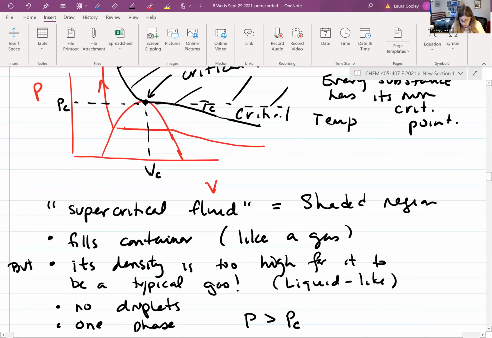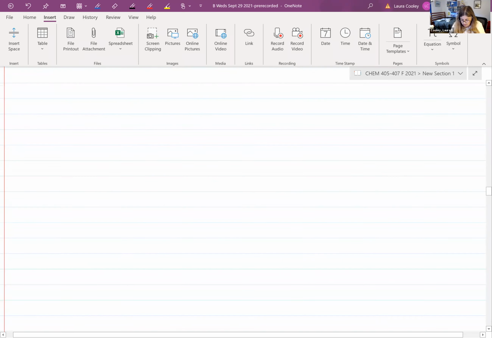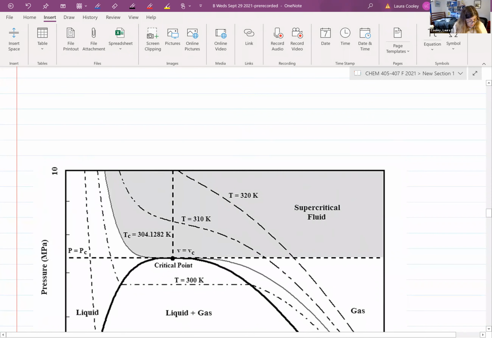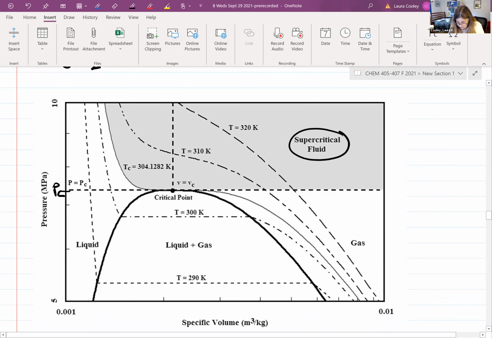So I'm going to do a close-up of this diagram for carbon dioxide. All right, so this is for CO2, and this is what we call supercritical CO2. See, it's at pressures above the critical pressure. This is the critical pressure, and temperature is above the critical temperature. So this is the critical temperature. That's the isotherm that goes up to that point there.